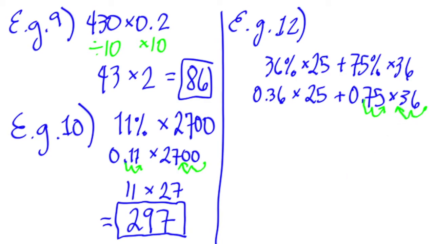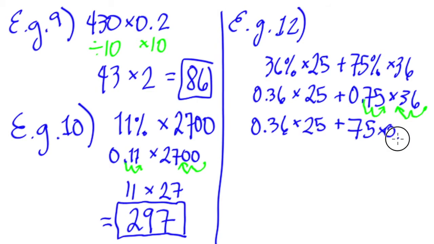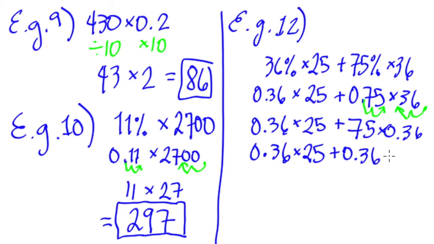That results in 0.36 times 25 plus 75 times 0.36. Maybe if you want, we can rearrange it: 0.36 times 25 plus 0.36 times 75. If you want, we can put groupings, parentheses there.